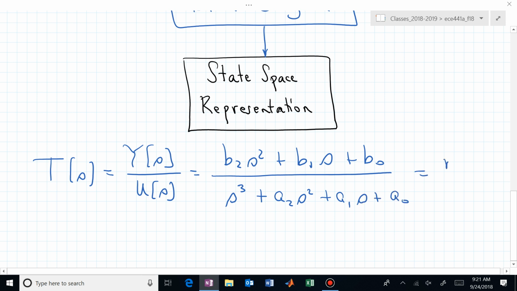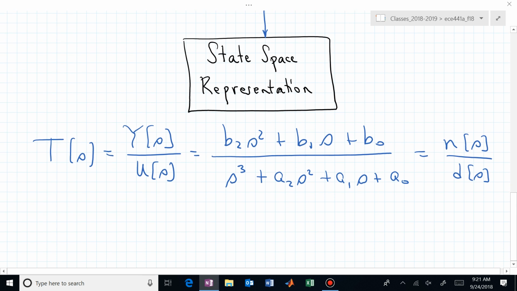And I might actually say, oh, that's really a numerator polynomial over a denominator polynomial. N of S is B2 through B sub 0. D of S is S cubed through A sub 0.